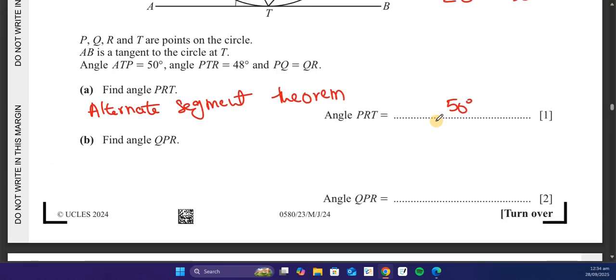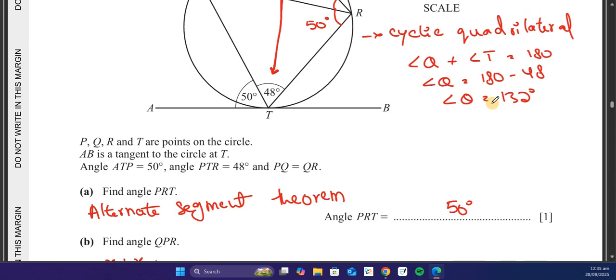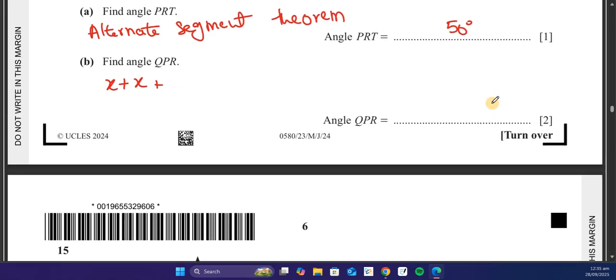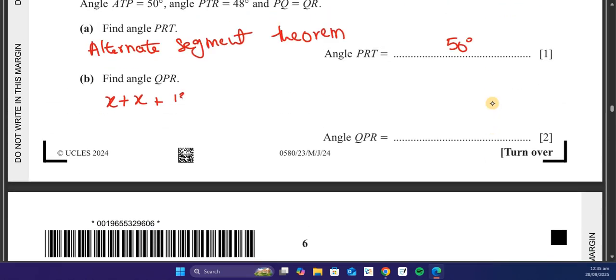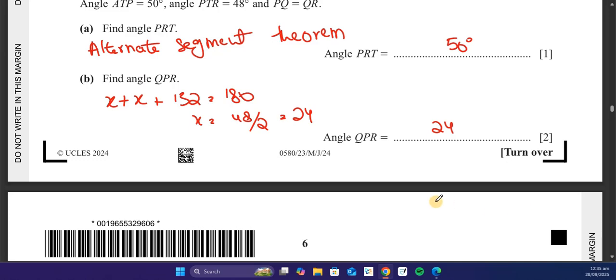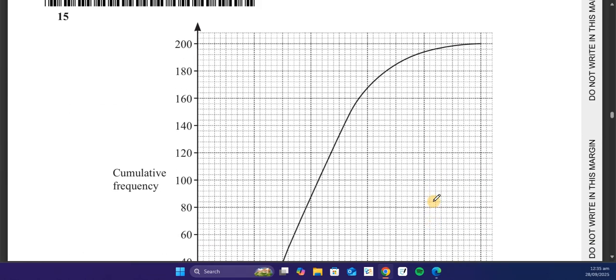So x plus angle Q, which is 132, is equal to 180, and that should give us x is equal to 48 over 2, which should be 24. All right, perfect.